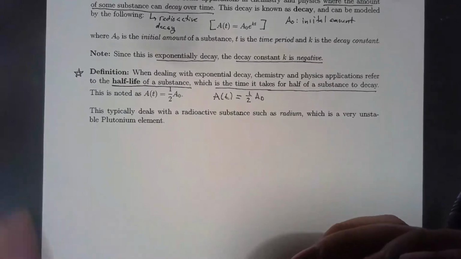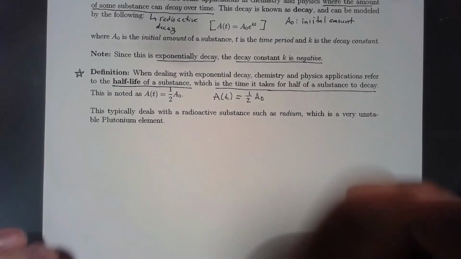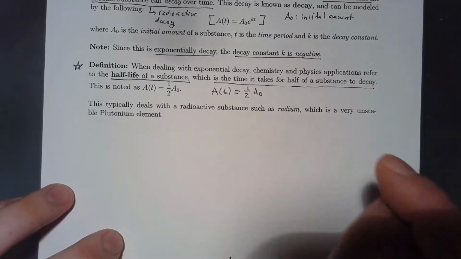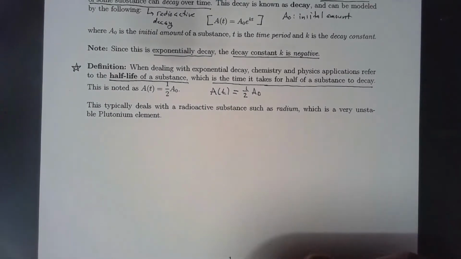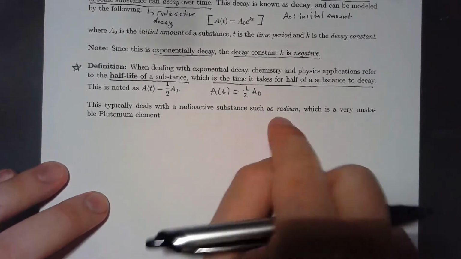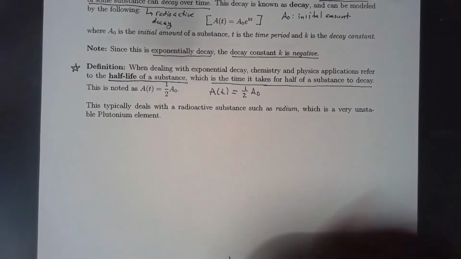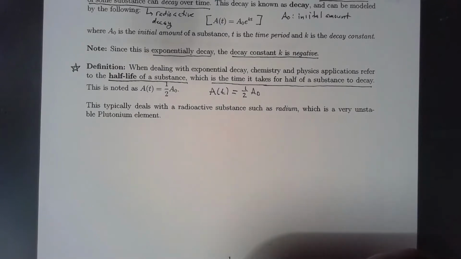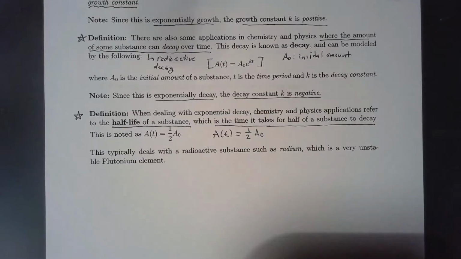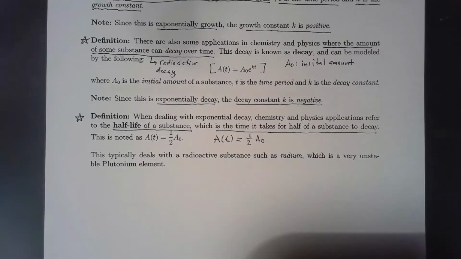If you're familiar with the Chernobyl nuclear accident, which occurred in 1986, the radiation from that place won't diminish for another 30,000 years. Some of the substances in that radiation have a half-life of 30,000 years, which means it'll take 30,000 years for half of that radiation to decay away. So these phrases show up a lot in science fields.